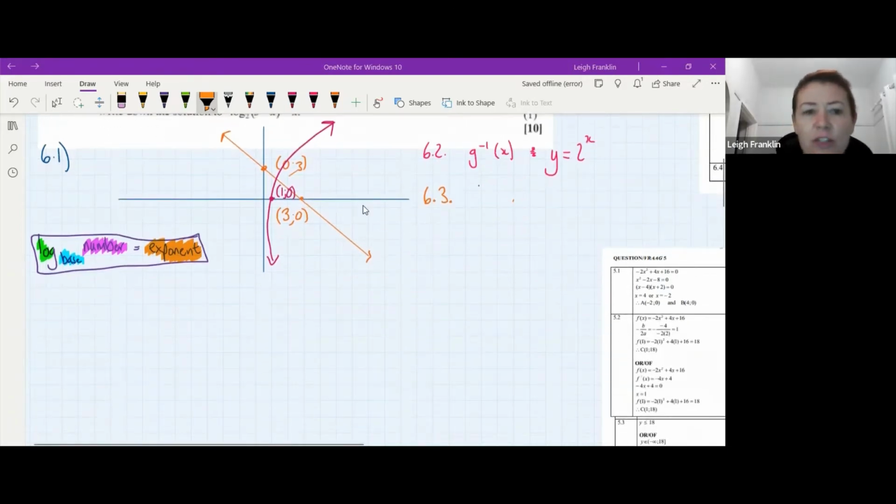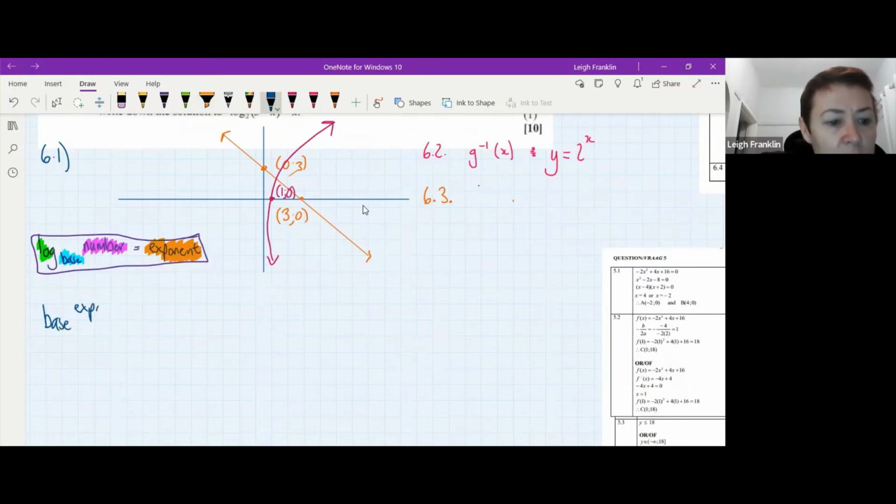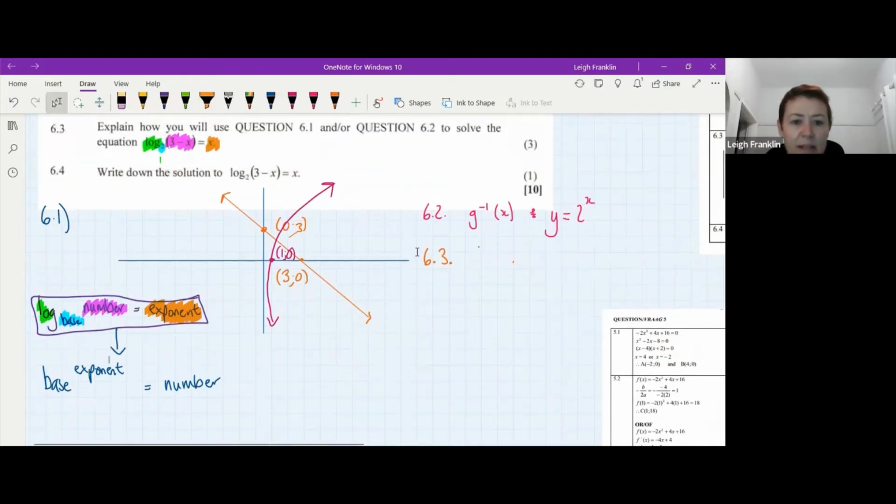Remember the other thing that I showed you guys? Remember when we rewrite this in exponential form, we write it as base to the exponent equals number. Okay, so this is what they've given us, and that's what they expect us to do. So what's the base here? The base is 2.